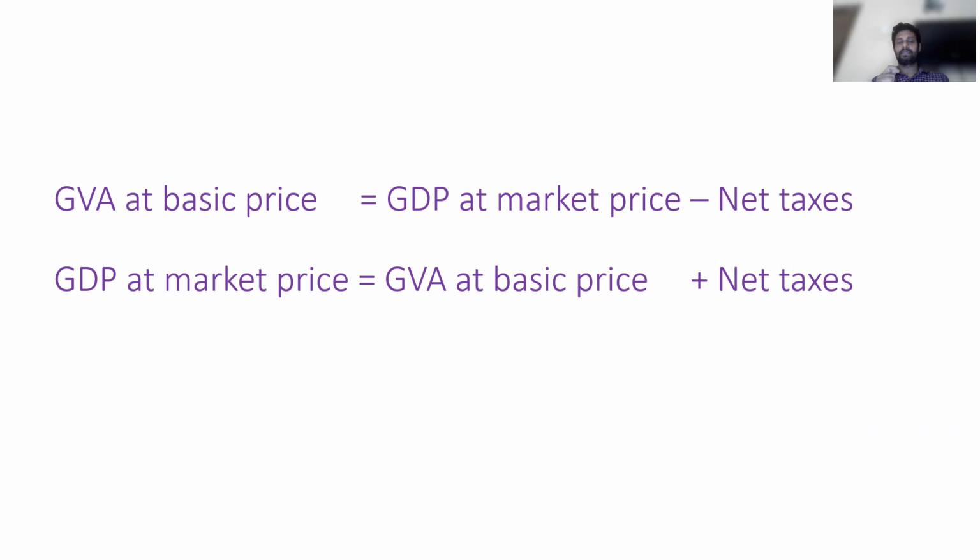Taxes are added, subsidies are deducted on products. These are on products, not for the production. This is how we convert GVA into GDP or GDP into GVA. So two different prices, market price and basic price as well. Right. That's it for the lesson.